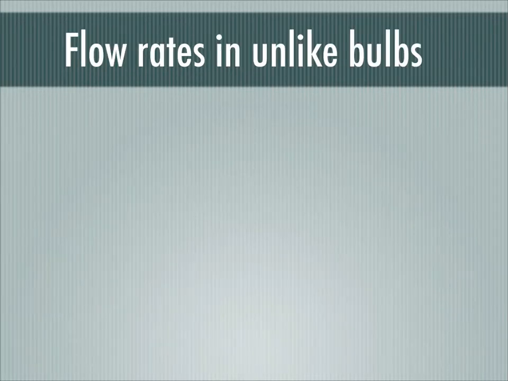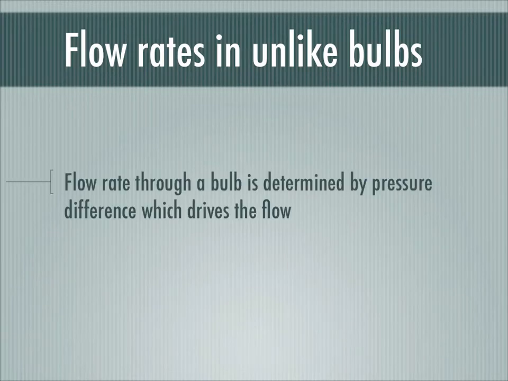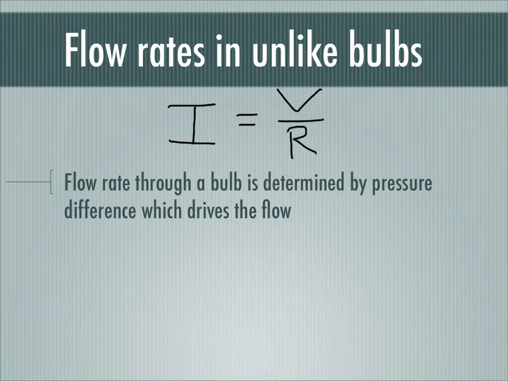Let's think about what determines flow rates in unlike bulbs, meaning bulbs of different resistance. Let's remember Ohm's law. Ohm's law says flow rate is equal to pressure difference divided by resistance.